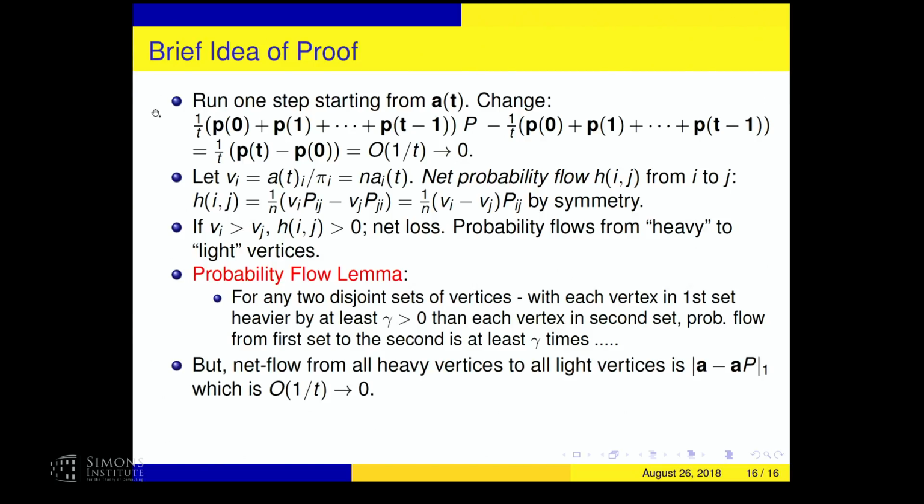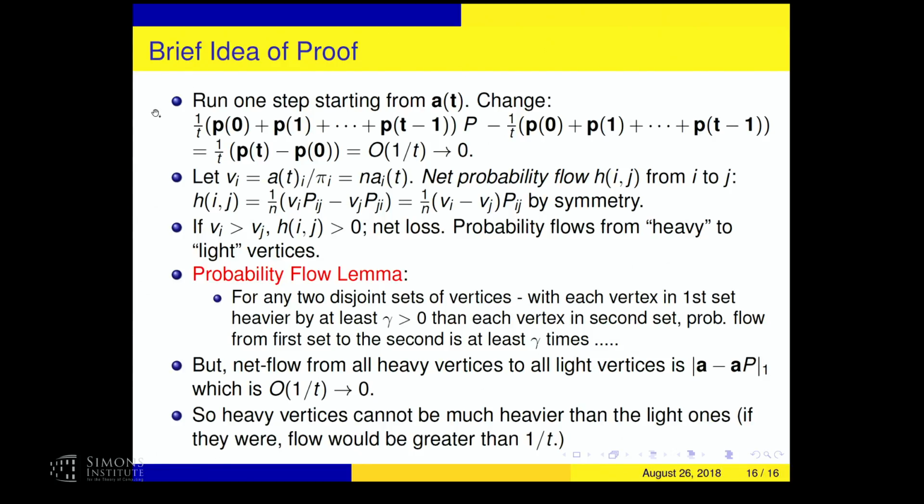Now, why is that good? We can also show that the net flow from all heavy states to light states is just the change, and that's A minus AP in L1 norm. But we saw that that change goes to 0. So the net flow from heavy to light states goes to 0, and the lemma says if some states are much heavier than others, there's a lot of flow.